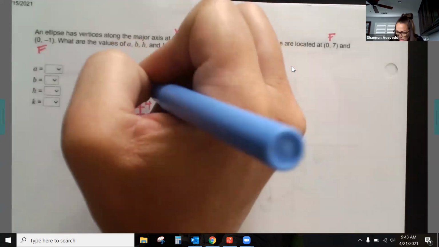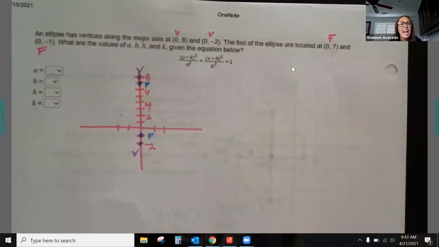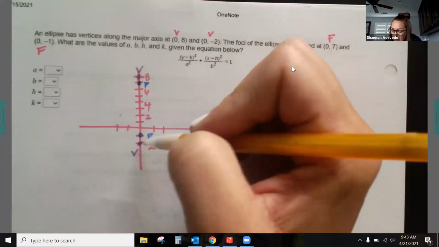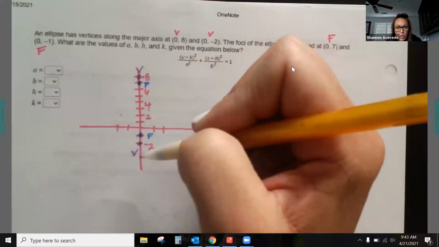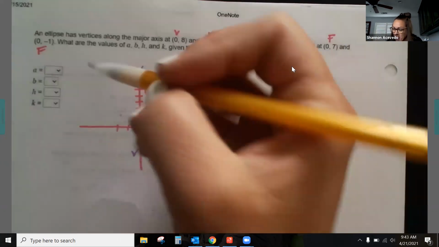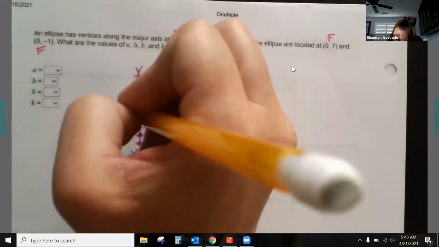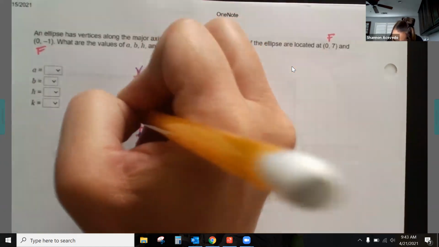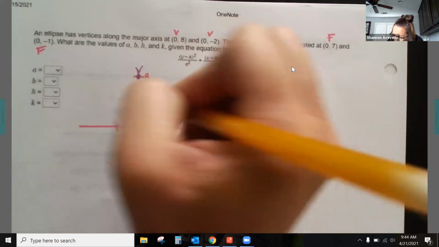Well, directly in the middle of the foci and directly in the middle of my vertices has to be the center. So I need to figure out, what's the center? If I go from -2 to 8, there's a difference of 10. So halfway would be 5, right? If I count up 1, 2, 3, 4, 5, right here would have to be my center at (0, 3).